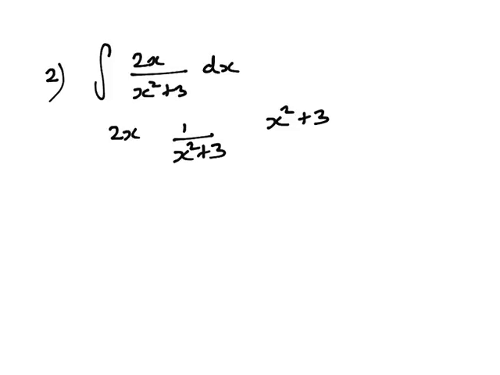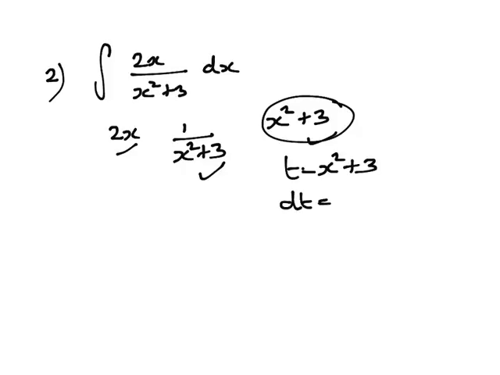Now here, which one of these functions am I going to take as t? Should I take this one or this one or this one? Now it is very easy to note, like the previous sum, I'm going to take this one as t. So t equal to x squared plus 3. So dt will be nothing but 2x dx, because the derivative of x squared is 2x and the derivative of 3 is 0.